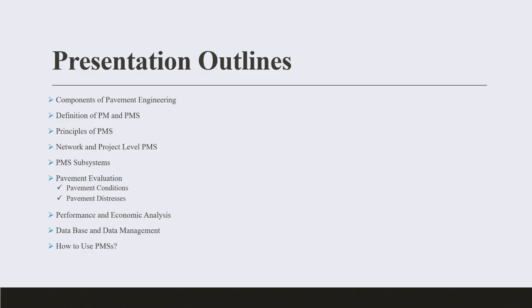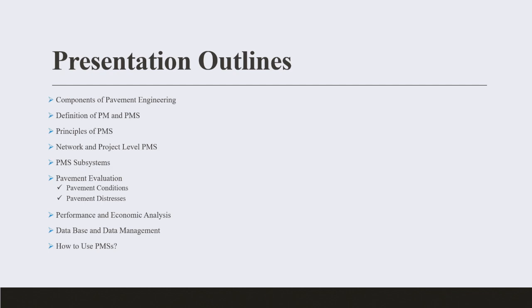So going into PMS, I'm showing here some of the outlines that will be included: what a PMS entails, the major principles or components of the PMS, network versus project level, then the subsystems or modules that form a successful PMS framework, and how to do the evaluation on a project level.